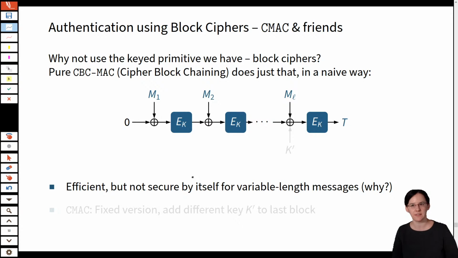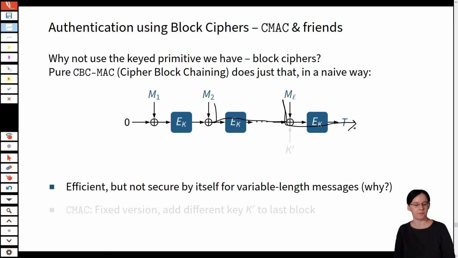In the MAC case, this is actually really simple. You simply chop your message into blocks and XOR the message to the current chaining value, put it into the cipher, XOR the next message block, put it into the cipher, XOR the next message block, and so on, and you give out the result. So that's the plain construction, the pure CBC MAC.